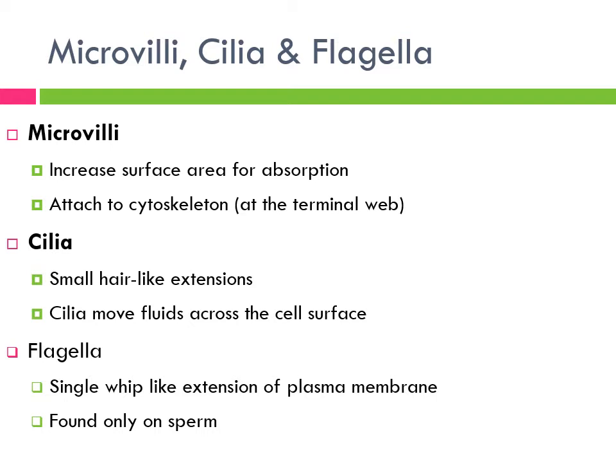We find it within portions of the reproductive tract, carrying the egg from the ovary to the uterus. We have cilia that beats in the uterine tubes. So as you go through A&P2, mainly you're going to learn a lot more about these cilia and microvilli, but we will touch on them again this semester.